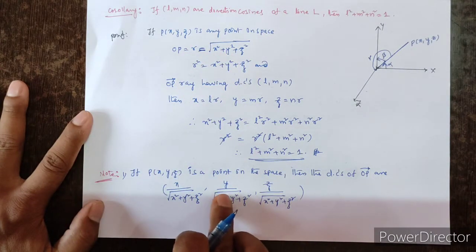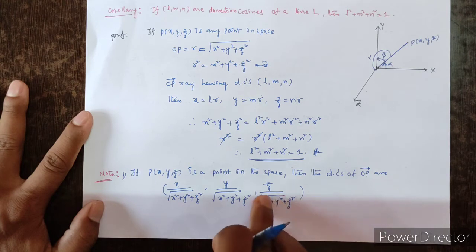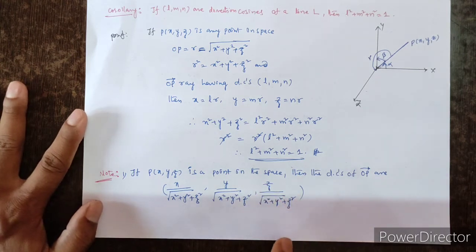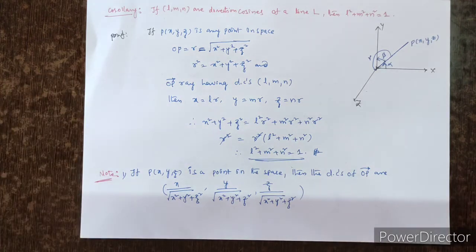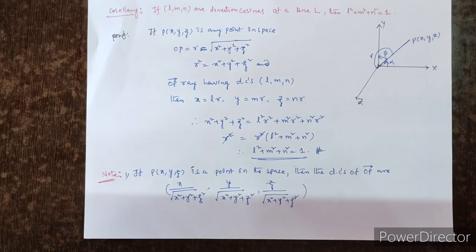And m equal to y by r, and n equal to z by r. So like that, if a point is given in space, then we can find the direction cosines by this formula.